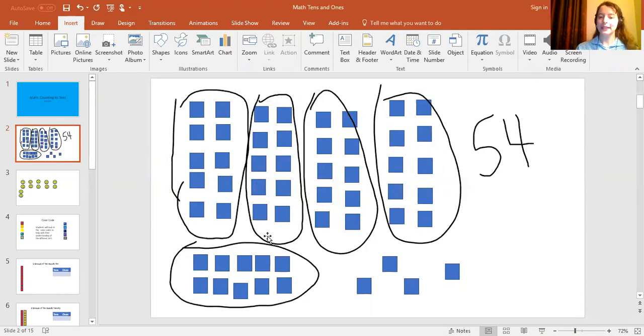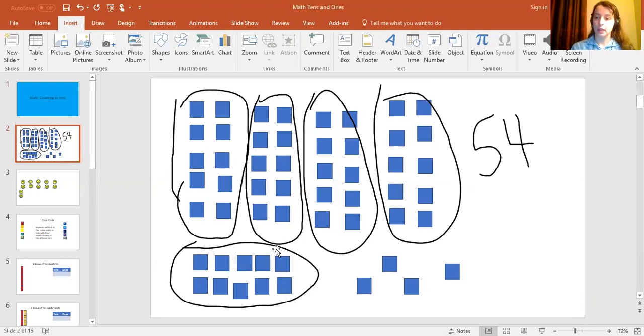So, as you can see here, I've went ahead and circled the squares, but this is one whole group of 10 ones, a second group of 10 ones, a third group of 10 ones, a fourth group of 10 ones, and a fifth group of 10 ones. And of course, we've used squares for this to represent 1.